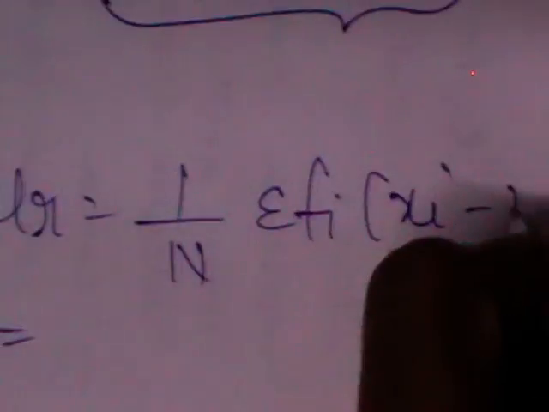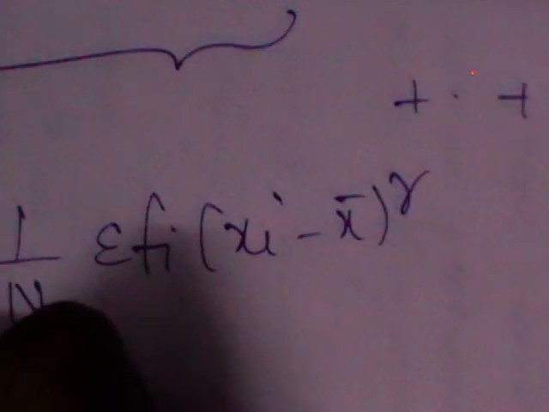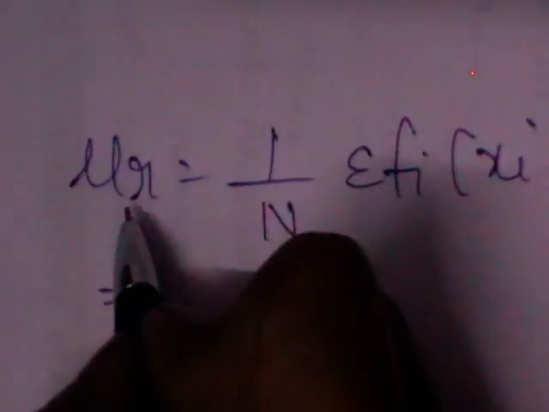So what is mu r? Mu r stands for central moment, which is nothing but 1 by n sigma Fi into xi minus x bar whole power r. If you have r minus 1 here, you will get mu r minus 1, and r minus 2, mu r minus 2.